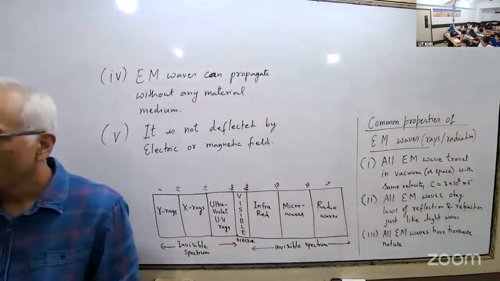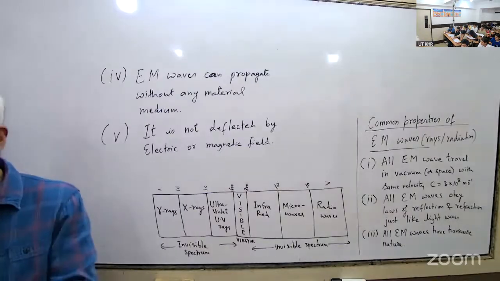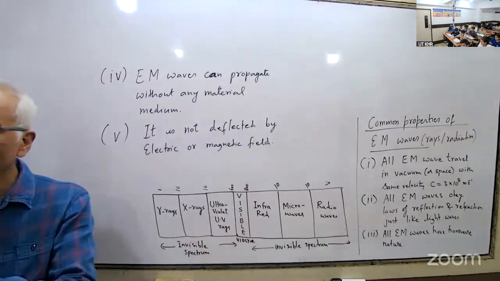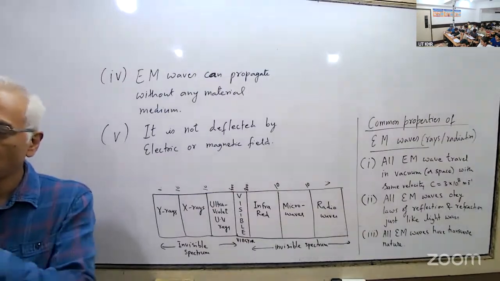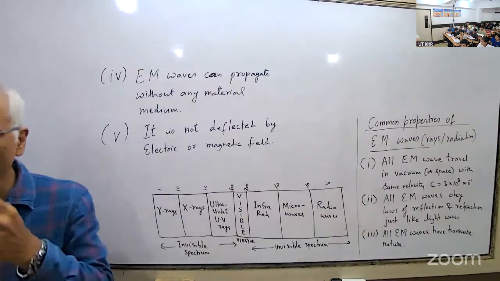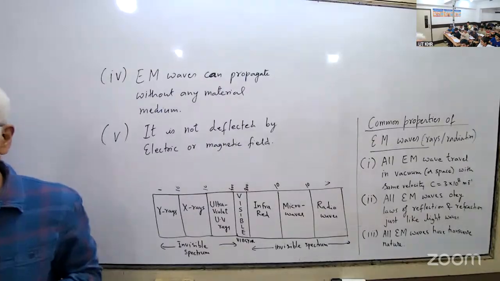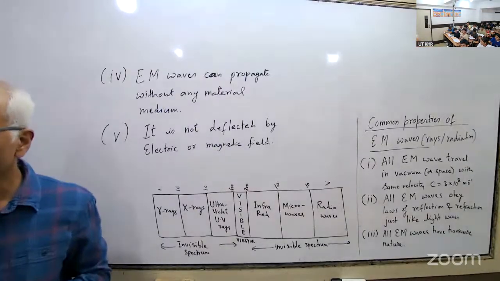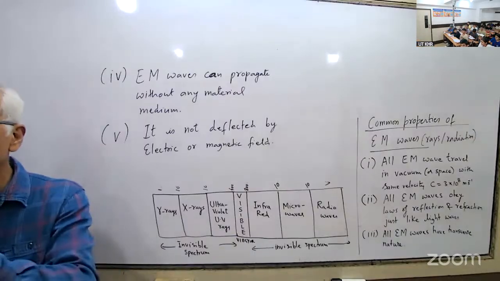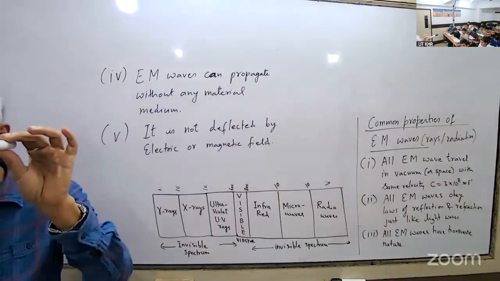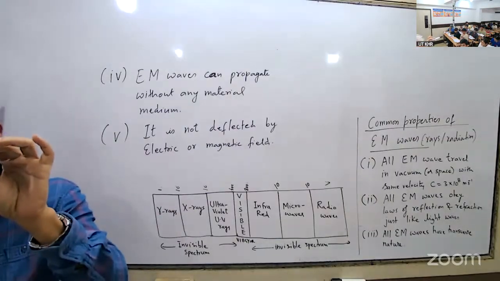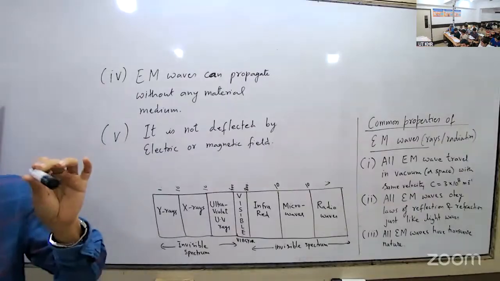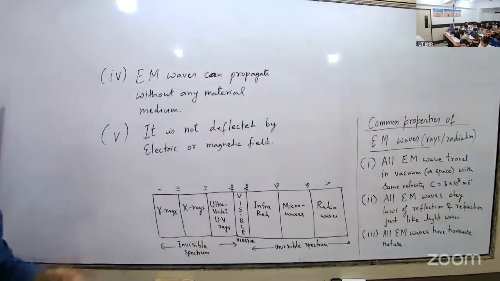Meaning, if the light wave is traveling like this, and you apply an electric field or magnetic field across it, the light wave will not be deflected. It will continue in the same path. What is deflected? A charged particle. That means light doesn't have any charge. The light wave does not consist of any charged particles. That's why it is not deflected. So these are the common properties of all the electromagnetic waves.